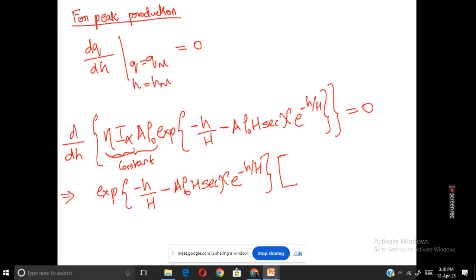In this case, eta, I infinity, a, rho 0, this term is a constant, so it will be 0 once we take the derivative.